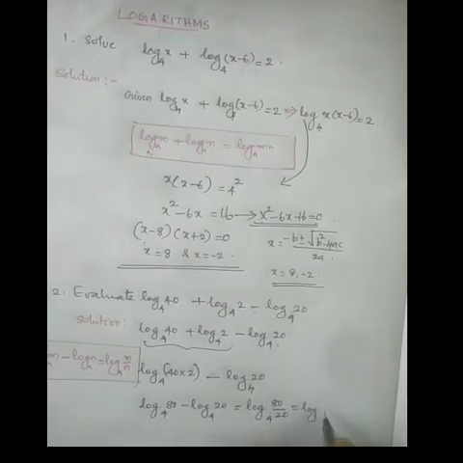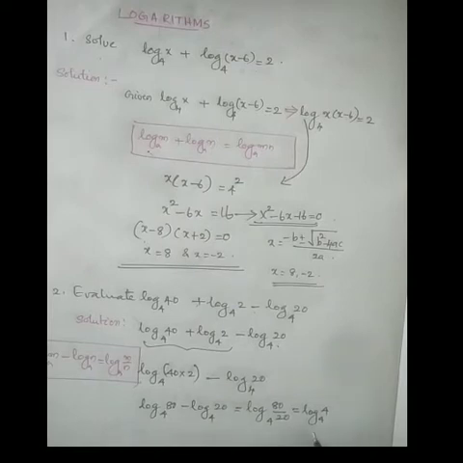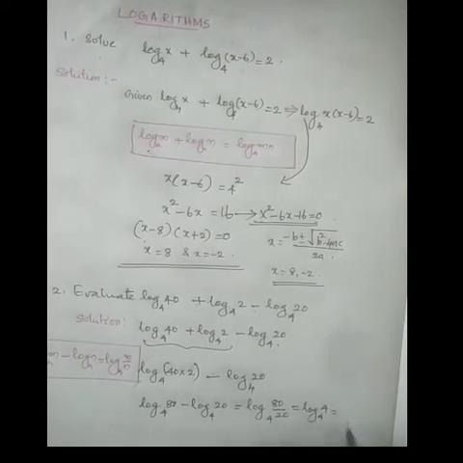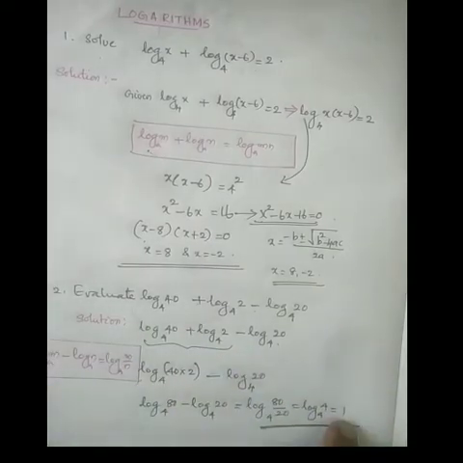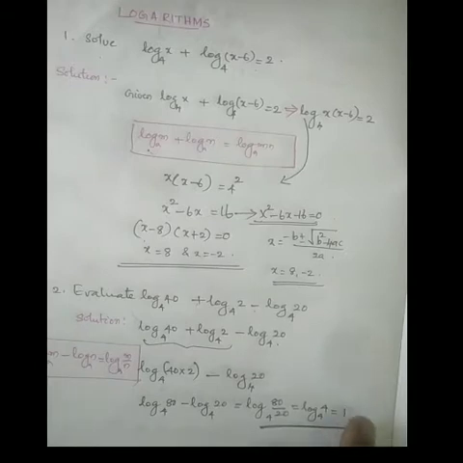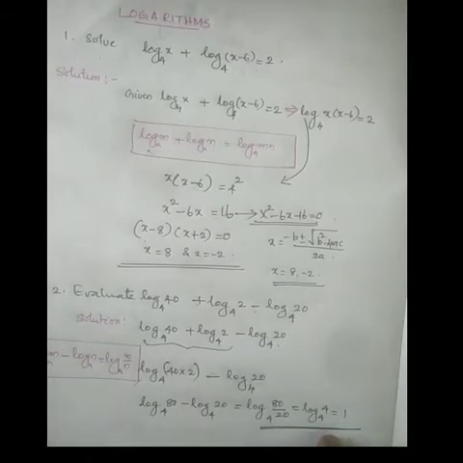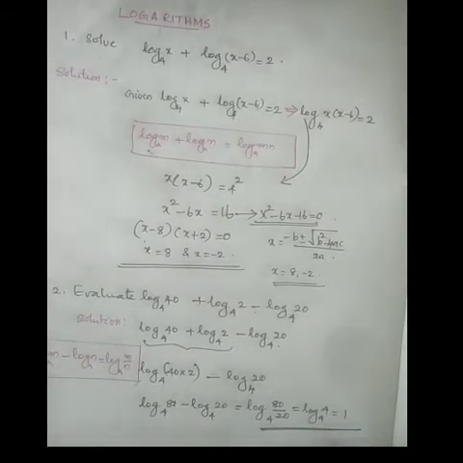That is log 4 to the base 4, which is equal to 1. So the value is 1. We know that log of any number to the same base is 1.